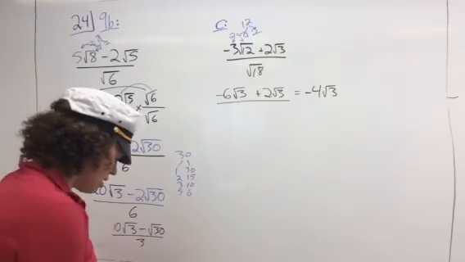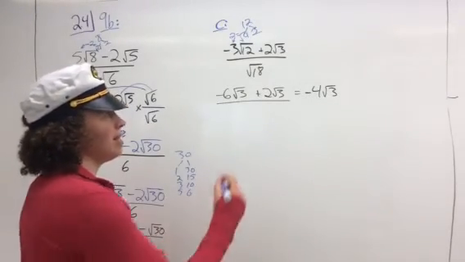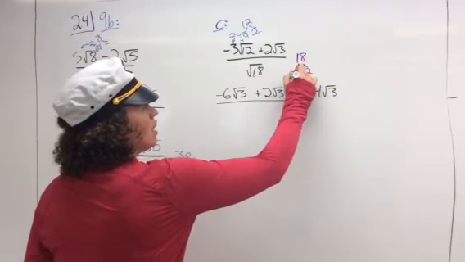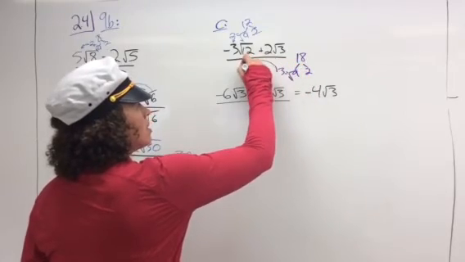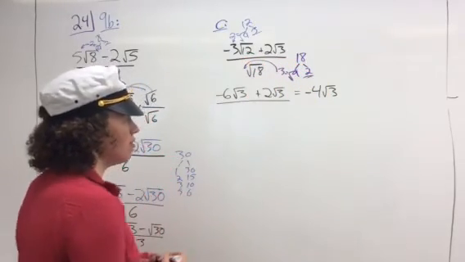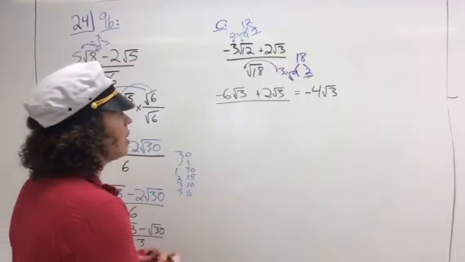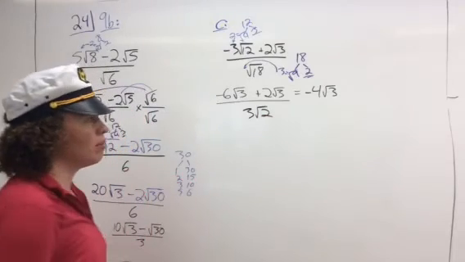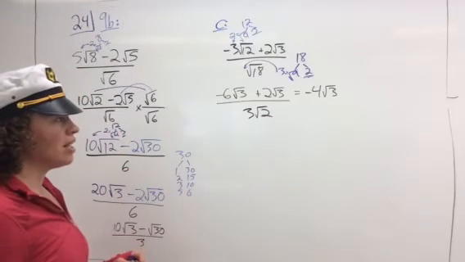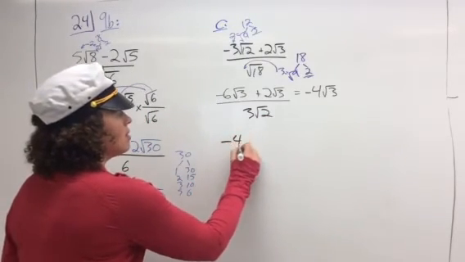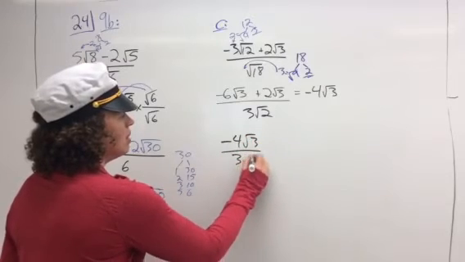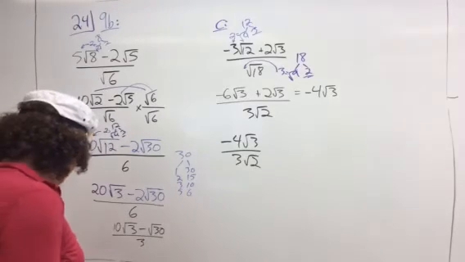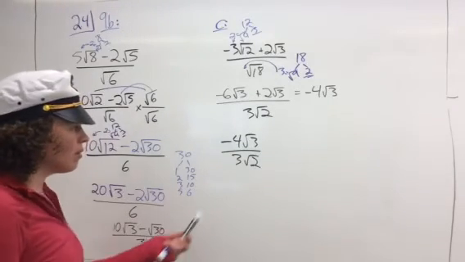I look at the root 18, and I know that the factors of 18 are 9 and 2. 9 has a perfect square root of 3, so that's going to go over here, and the 2 is going to be left behind. So I'm going to have 3 root 2 on the bottom. So now that I have my very simplified equation here, now I can move on and multiply it by the thing that's going to get rid of the radical.